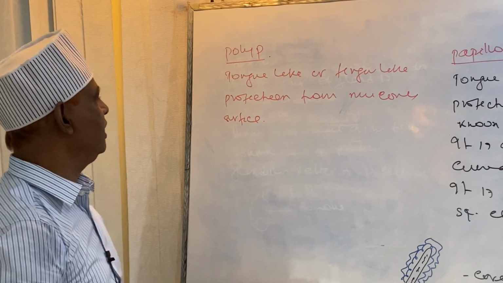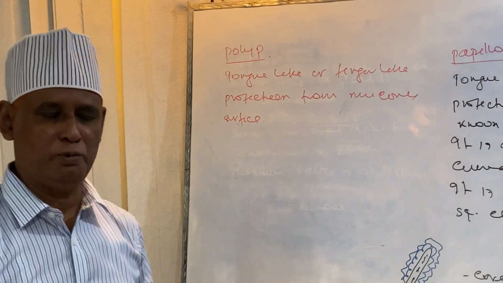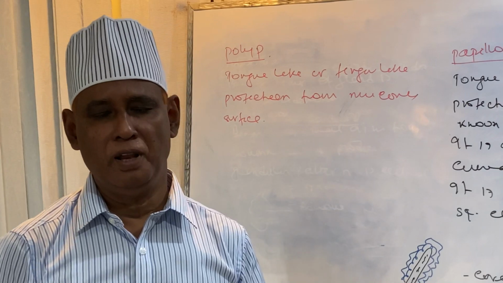So, a tongue-like or finger-like projection from mucosal surface is called polyp, and a tongue-like or finger-like projection from the skin is called papilloma.